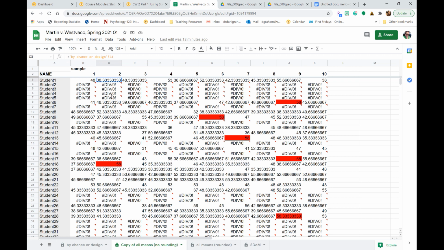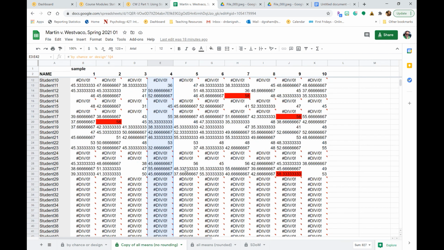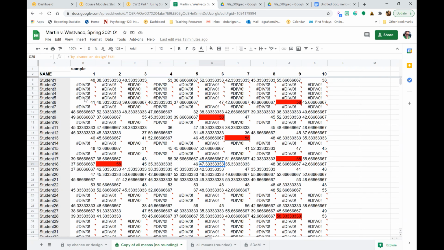So then here we have for every person's second sample, the mean that they got, third sample means, fourth sample means, and so on. Okay, so this still looks kind of messy. It's hard to look at these places where it has this hashtag div over 0.